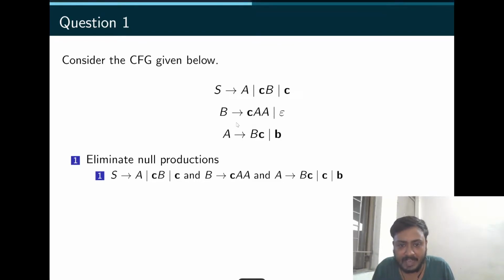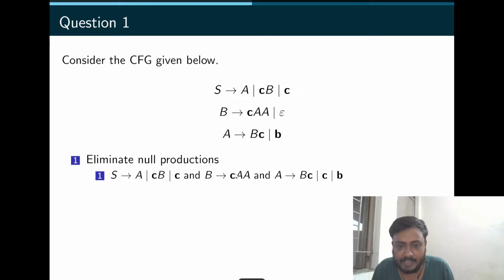Now this B can give CAA or epsilon. Now we want to remove the rule B gives epsilon, so we have to consider what happens if B does yield epsilon under this rule. Then that becomes S gives C. We don't need to make any change over here because C already is there. So that is why S gives A or CB or C.